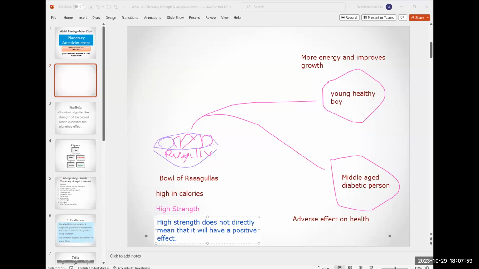We can have a planet that is malefic by nature, very high in strength, but it need not be auspicious, depending on how it is in the chart. Okay, so this was the first thing. And in general, you'll find that in books, it will be written something like this.